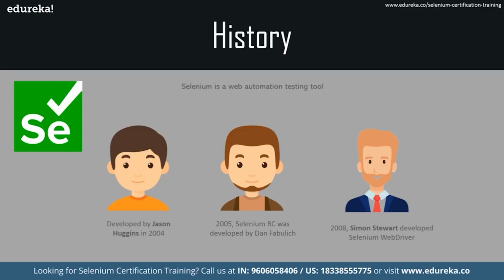Also, in the year 2009, there was a test automation conference, where people tried to merge two products, that is Selenium RC and Selenium WebDriver, to call it a new project called Selenium 2.0. This is the second version which was used between 2005 to 2010, I believe. I don't remember the exact time span, but Selenium 2 was released by then.